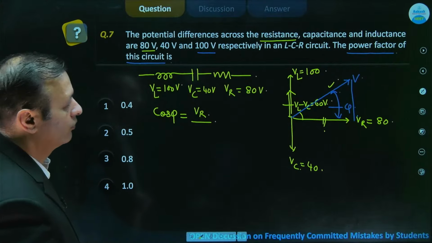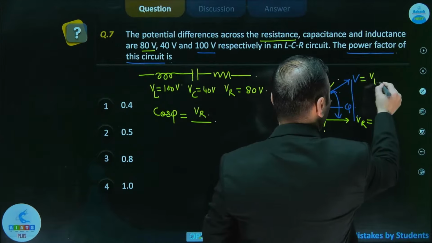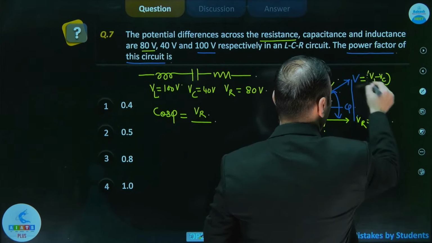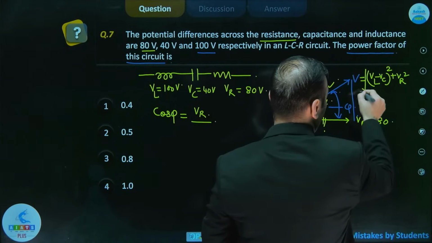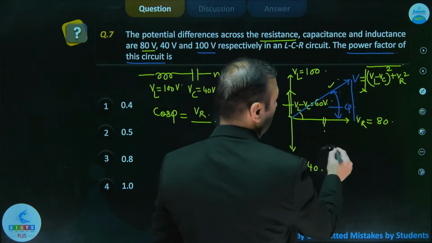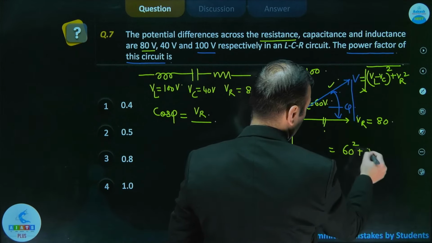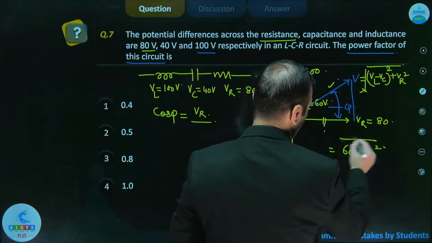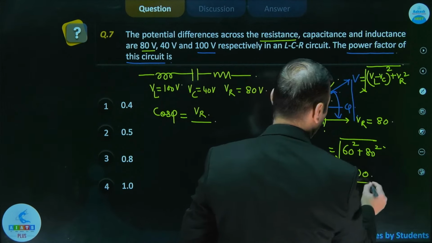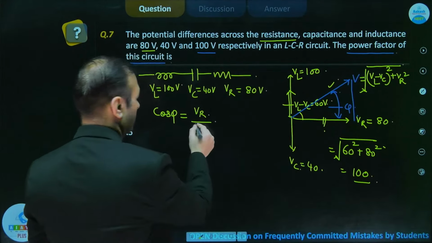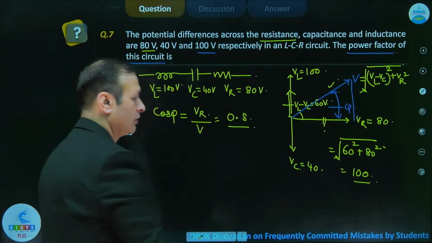And what is this hypotenuse? So this is V, which is the square root of VL minus VC whole square plus VR square. And when you put the values, VL minus VC is 60. So it is 0.8.